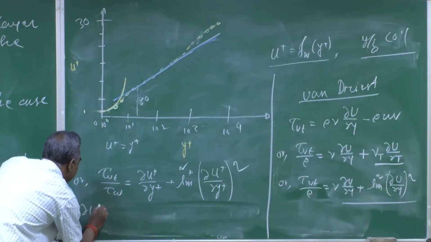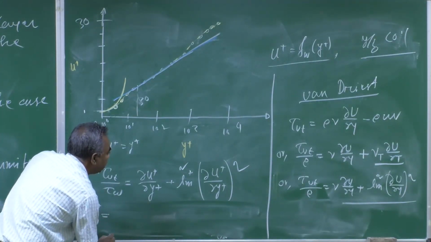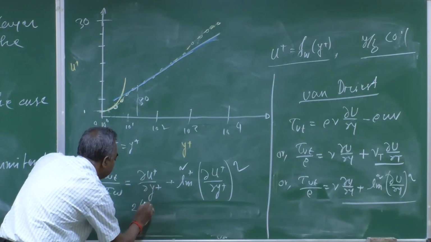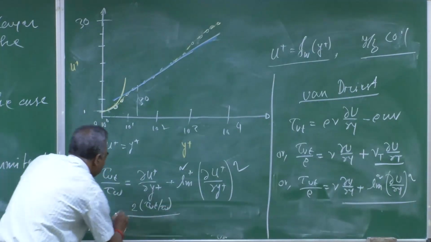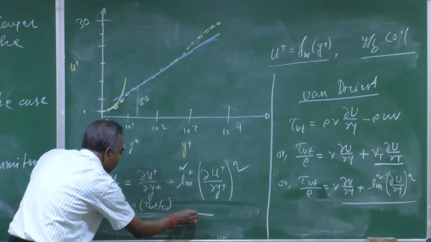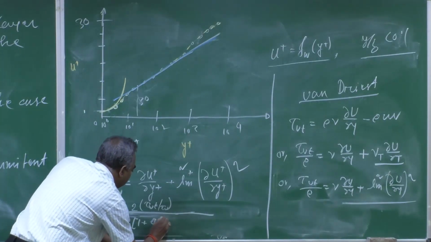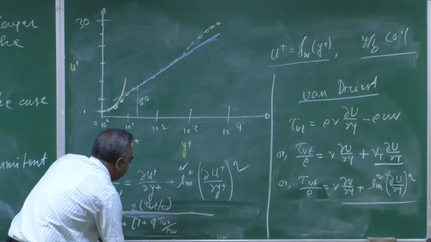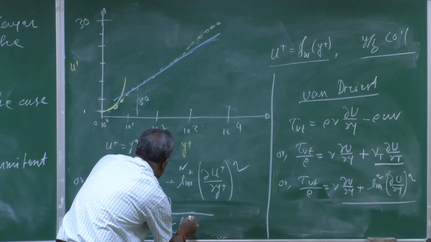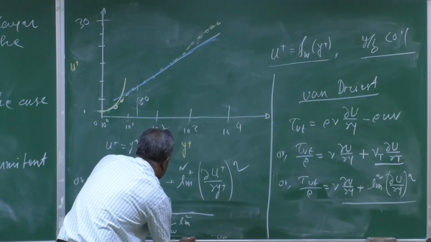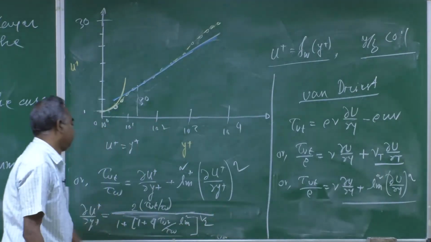So, that means del u plus del y plus is equal to, we can write as, twice tau v t by tau w, okay, divided by one plus 4 tau v t by tau w, okay, L m plus square, to the power half, okay.